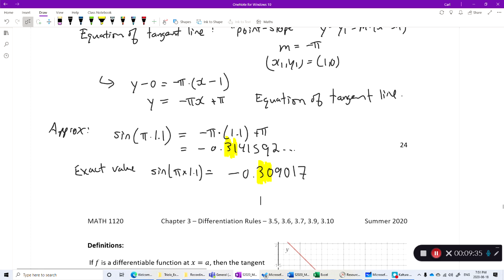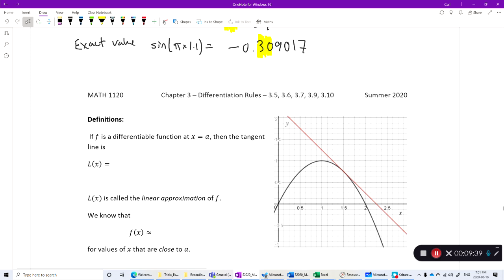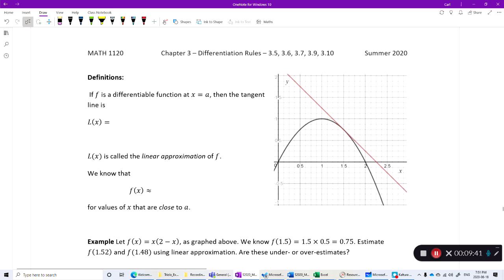Okay, so now let's make a formal definition here. So here's an example of a function. This is a function y equals f of x, and this is the tangent line. This function just represents a function in general, so we're not going to bother with a specific formula.